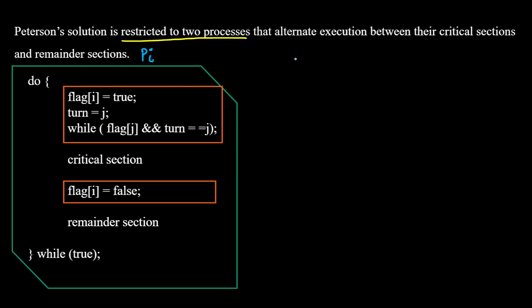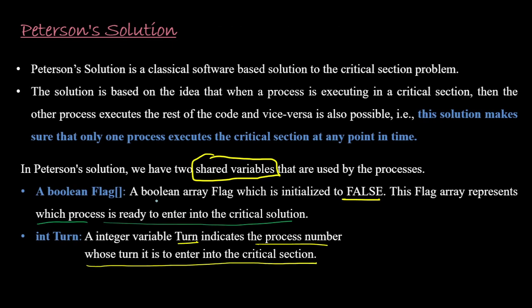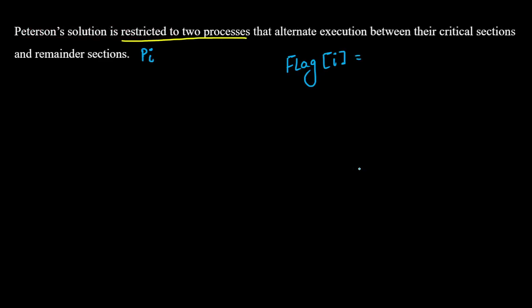They have written very clearly over here that a boolean array flag is initialized to false. So initially the flag variables are false, flag of I is false and flag of J is also false.